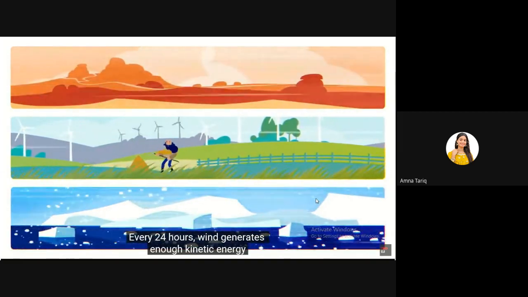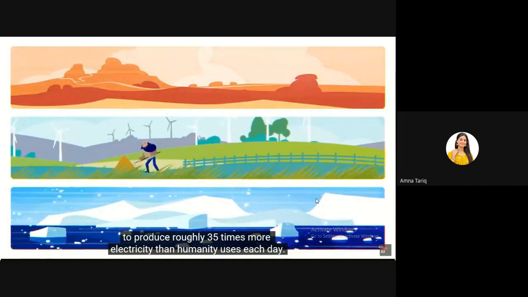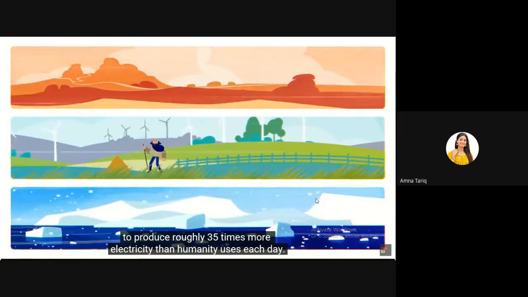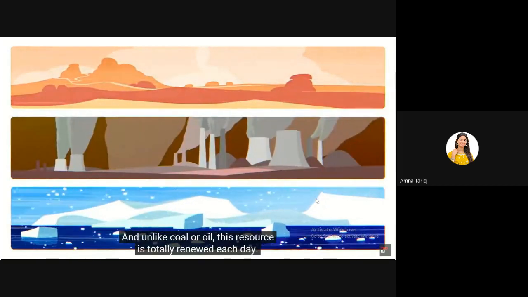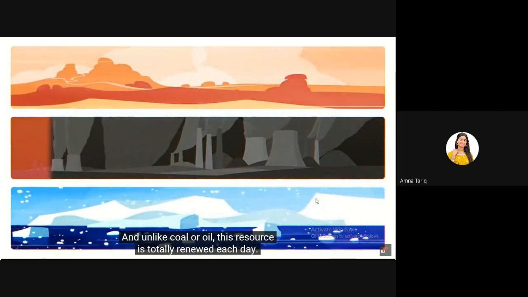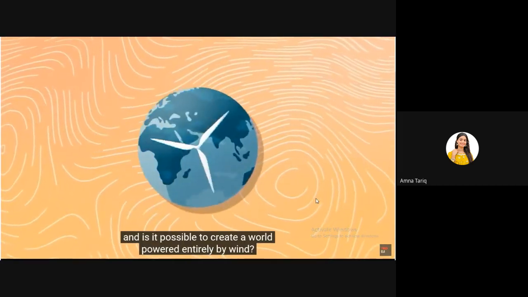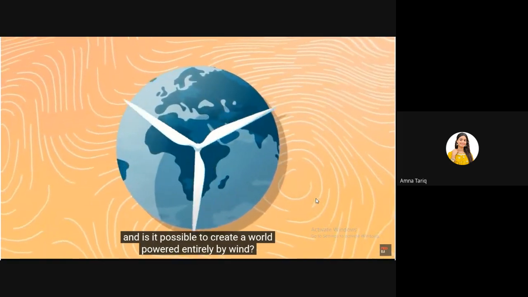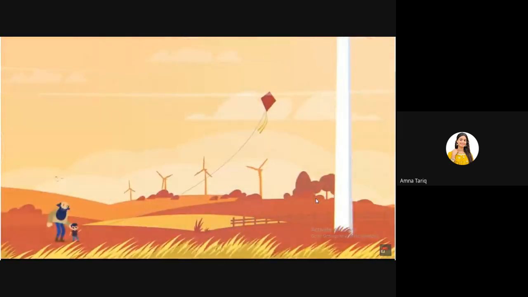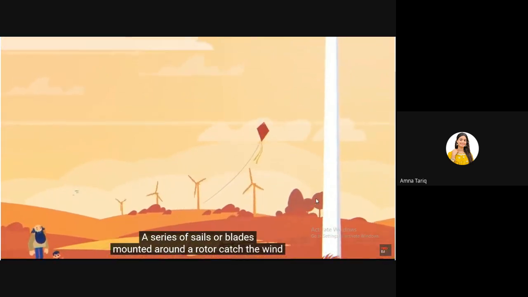Every 24 hours, wind generates enough kinetic energy to produce 35 times more electricity than a human uses each day. How can we capture the wind and generate electricity with the help of wind power?